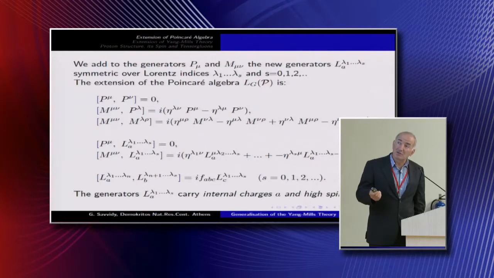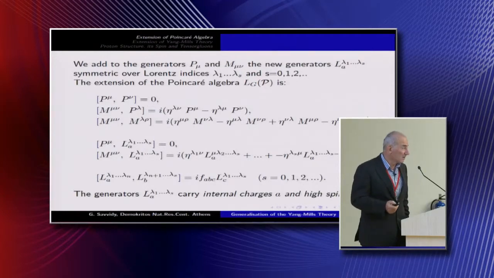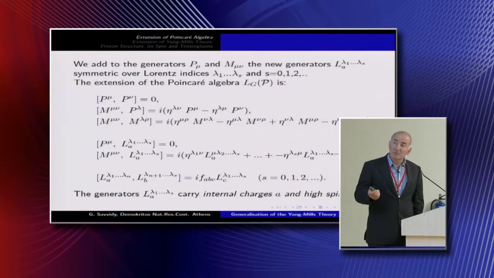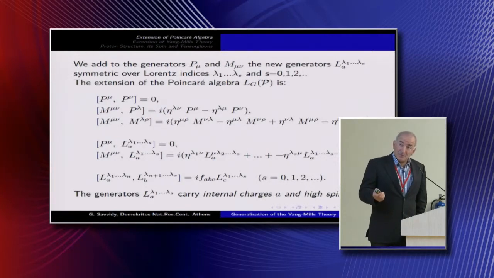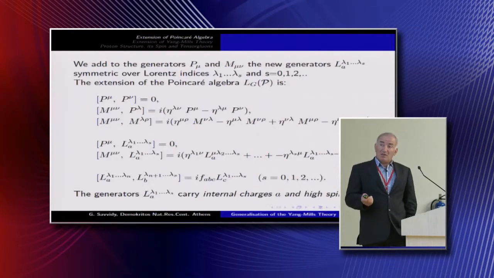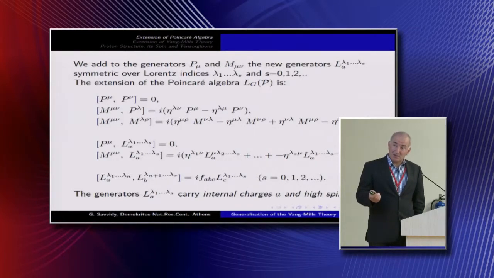So you see these three commutators are the standard Poincare algebra. You have the laws of how the translation generators and rotation generator act on this generator. It says that all of them are translationary invariant generators, and that they have the tensor of rank S. This formula says that these generators fulfill the current algebra.